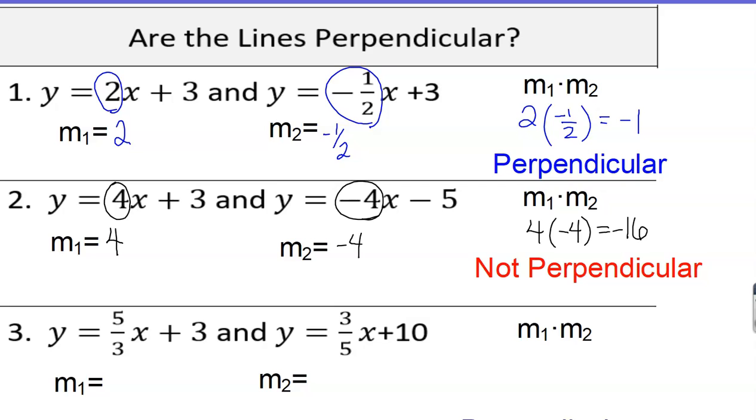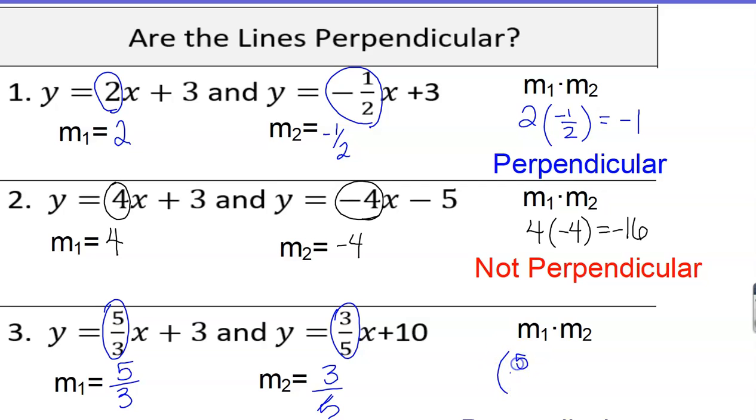Now, let's look at our last example. So 5/3 is our first slope and 3/5 is our second slope. So once again, they are not parallel because they are not the same, but let's see if they are perpendicular.